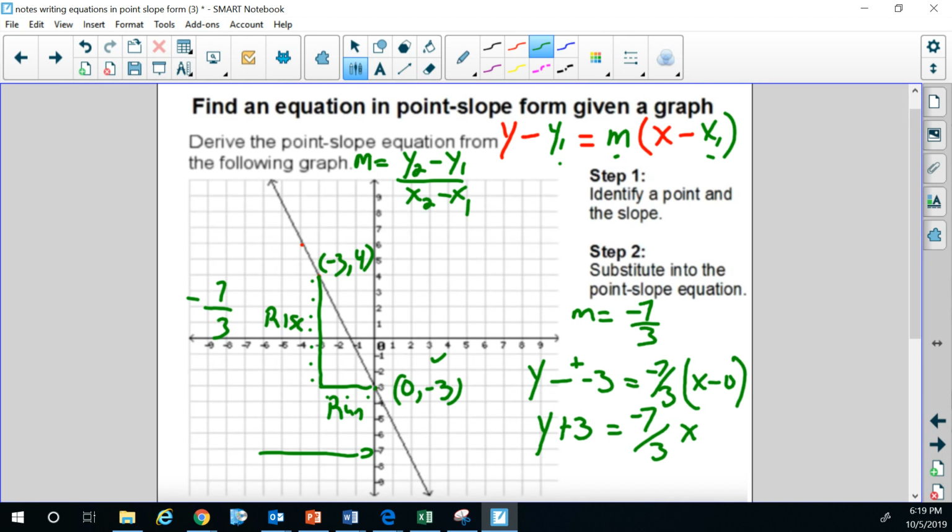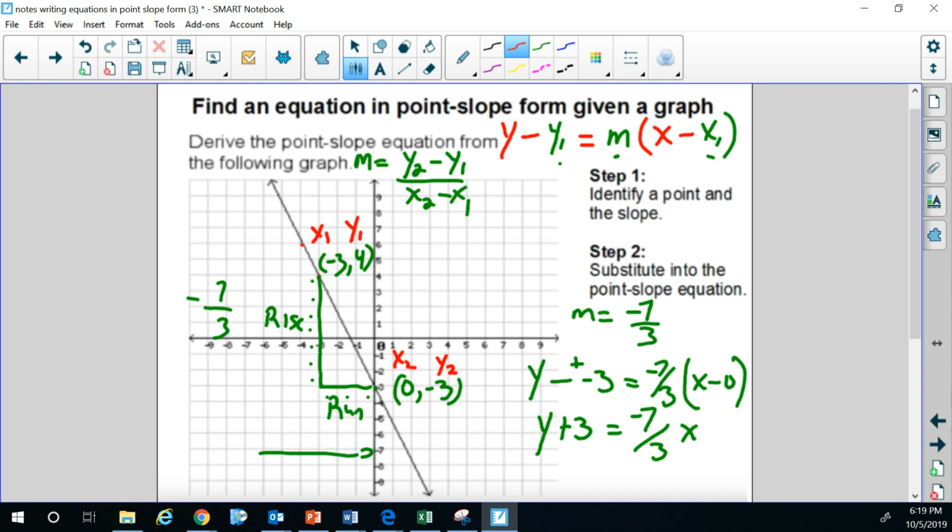So let's try this. If I call -3 my y2, 4 as my y1, and then -3 as my x1, and then 0 as my x2.